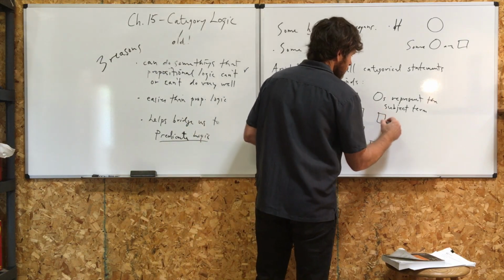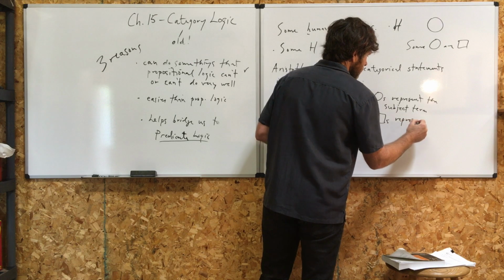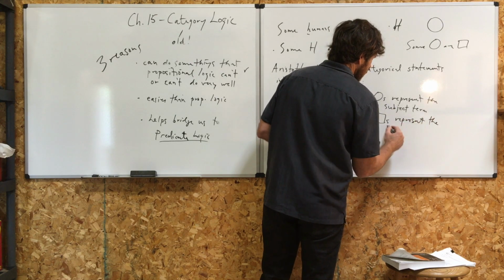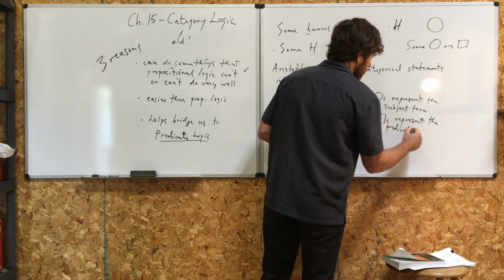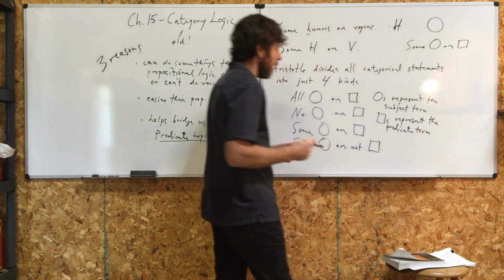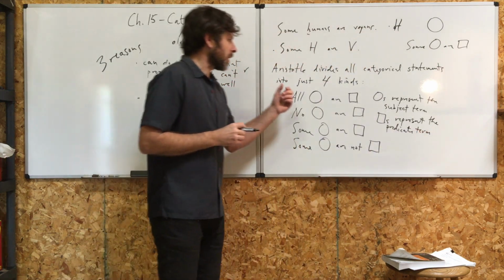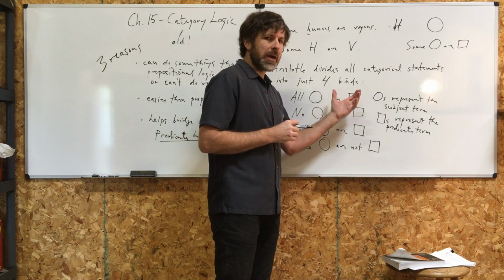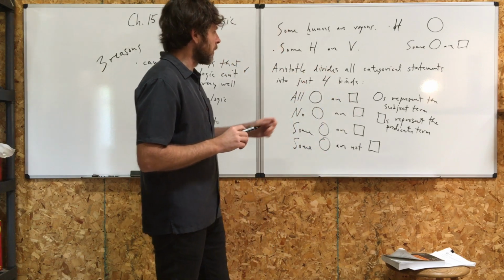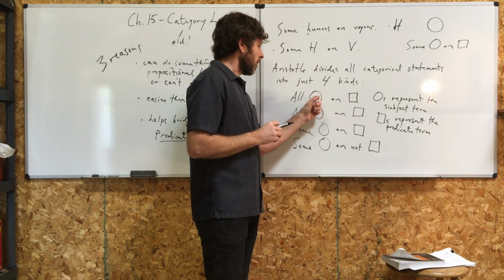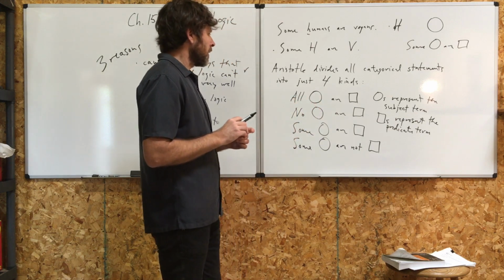And the squares represent the predicate term. You're like, wait, this is English class again. Yeah, English sentences relate a subject and a predicate. They have a subject and a predicate. So here we have the subject, circle, okay?